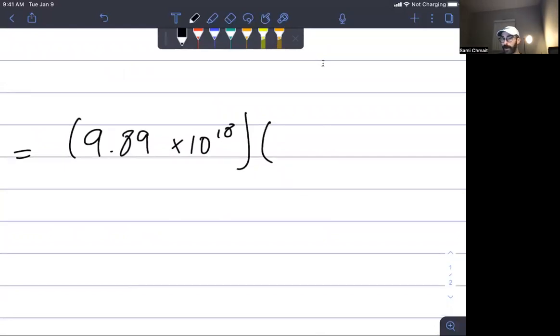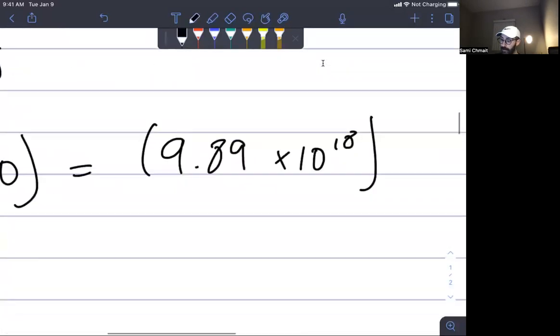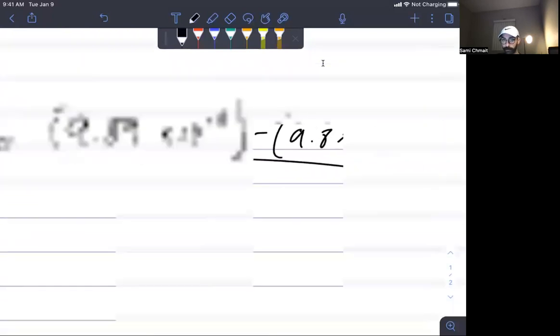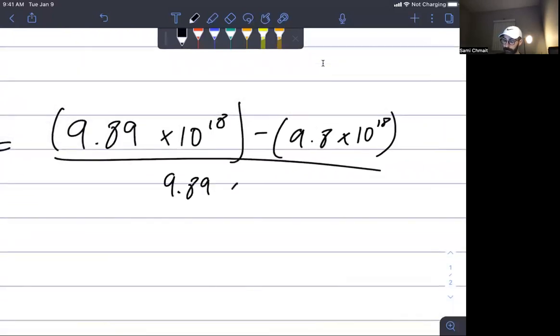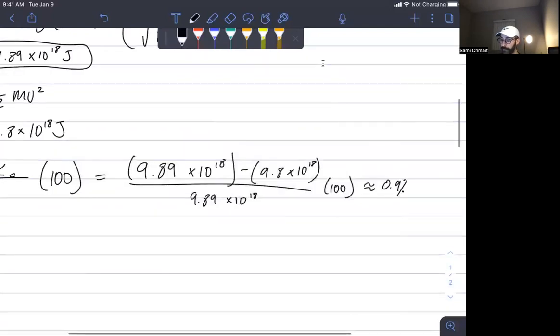But had it been any greater difference, you would have seen an extreme jump between these two values. And it should be around 1%. So I think it's like 0.9%. Okay.